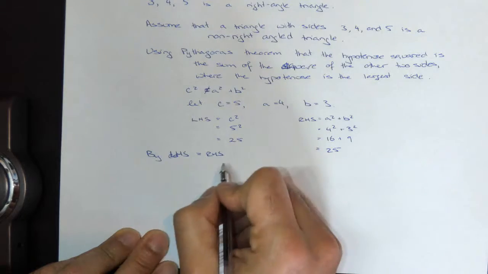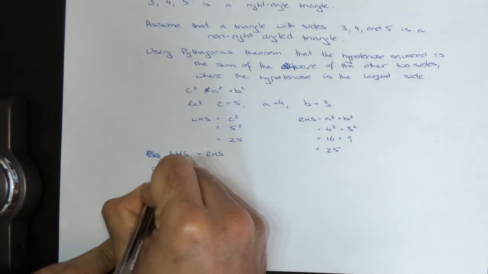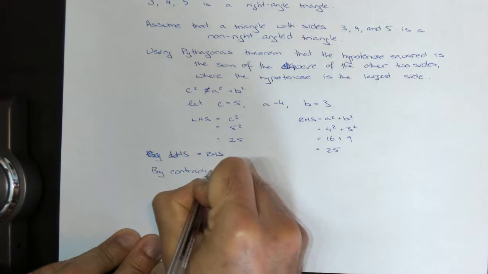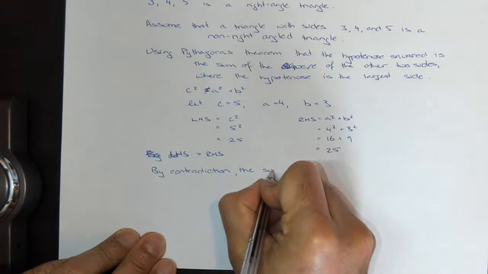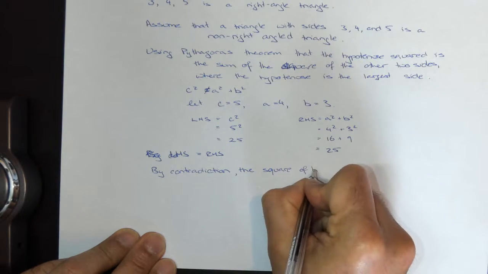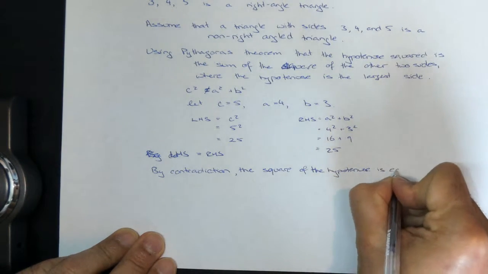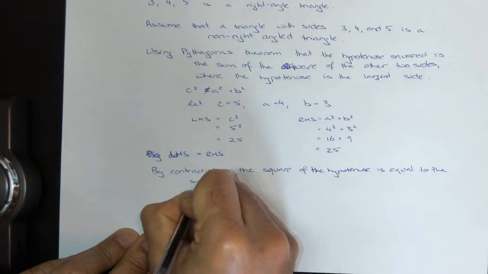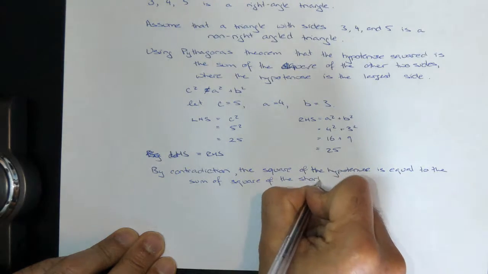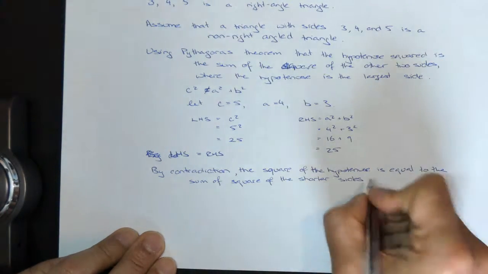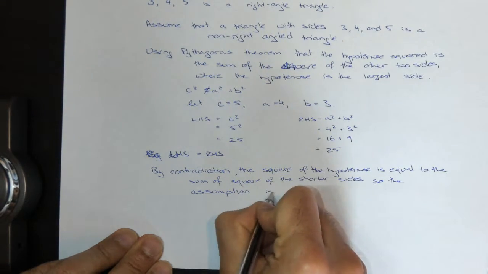So by contradiction, the square of the hypotenuse is equal to the sum of the squares of the shorter sides. So the assumption is wrong.